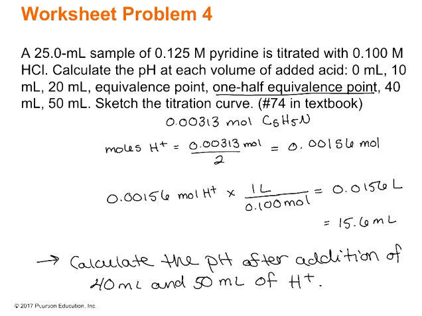Now, this is going to be somewhat similar to our previous example with a strong acid and strong base. Remember that after the equivalence point, we'll just have excess acid. So just take that into account when you're doing your calculations, and then you can base the pH off of the excess amount of acid.